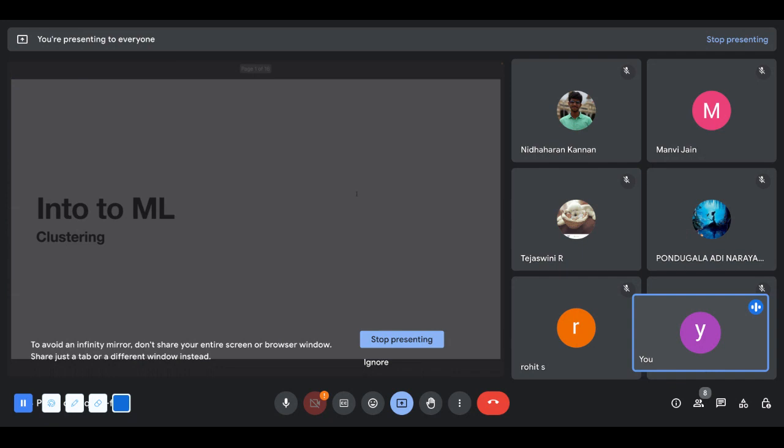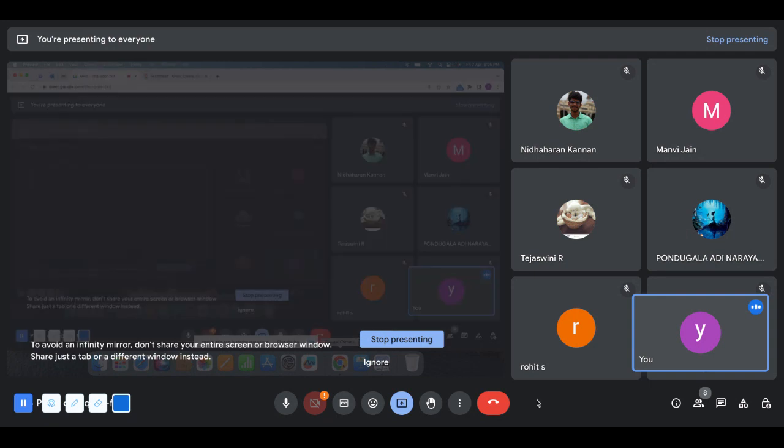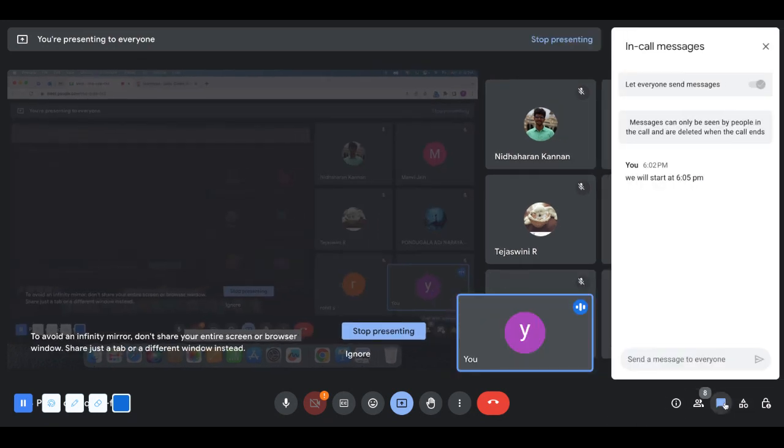Yeah. So you can see the screen, right? Can just type in the chat box if you can see the screen.